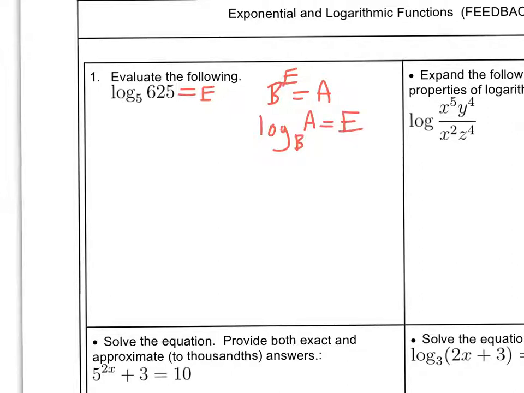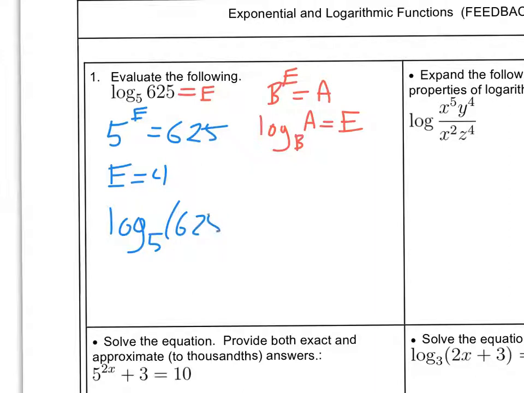Here we have the second form. So this is looking at 5 to some exponent is equal to 625. That exponent is going to be 4. That means that log base 5 of 625 is 4.